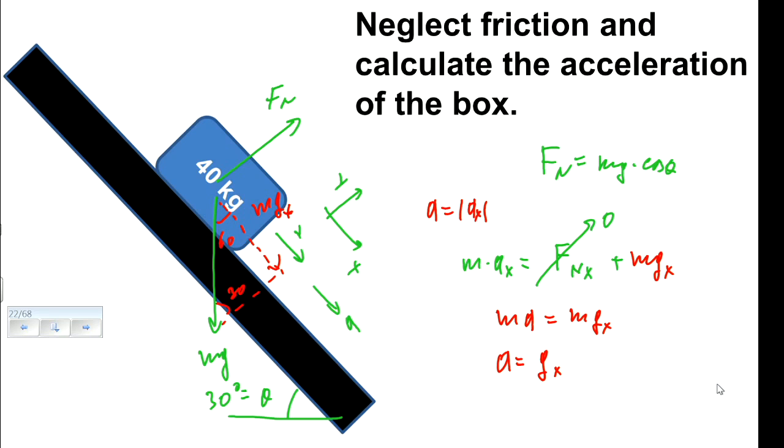So a equals g times sine 30, which is about 10 times a half, 5 meters per second squared. Just another application of Newton's law. Any questions? Combined with some geometry.